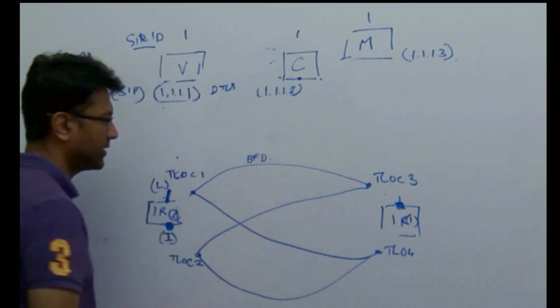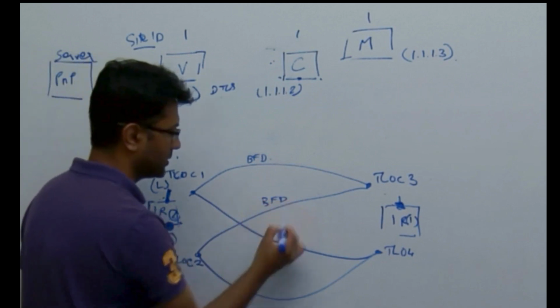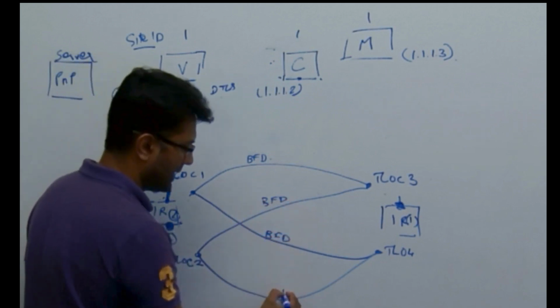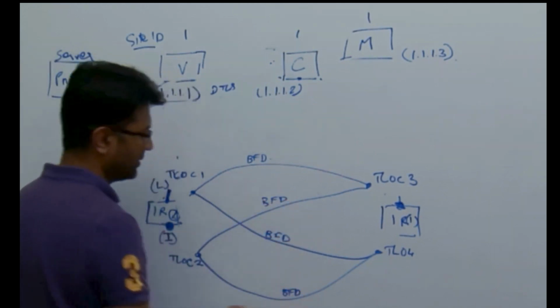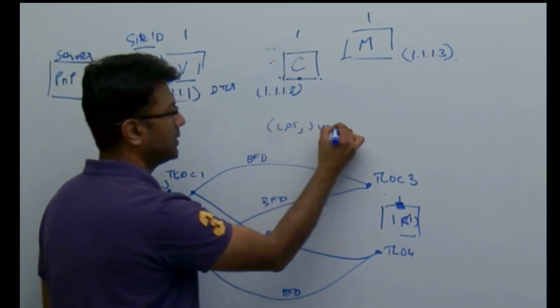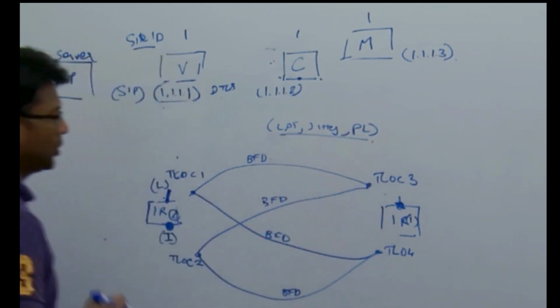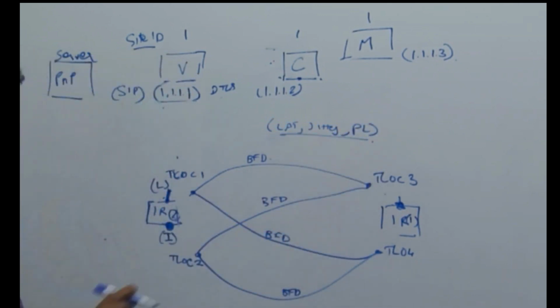Bidirectional forwarding detection packets are sent over these tunnels periodically, and they monitor the health of the tunnels. The things they monitor are latency, jitter, and packet loss, right? So BFDs are liveliness packets.